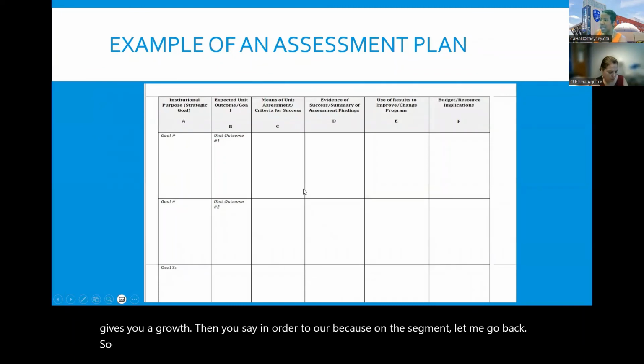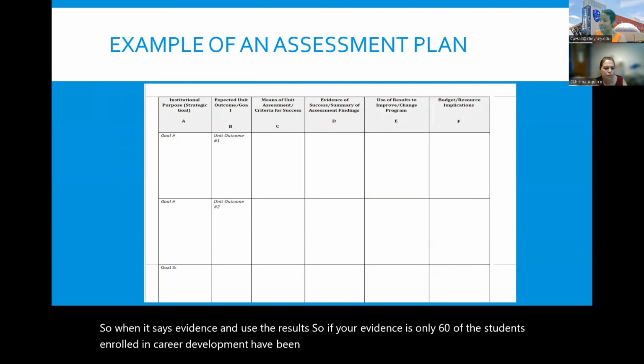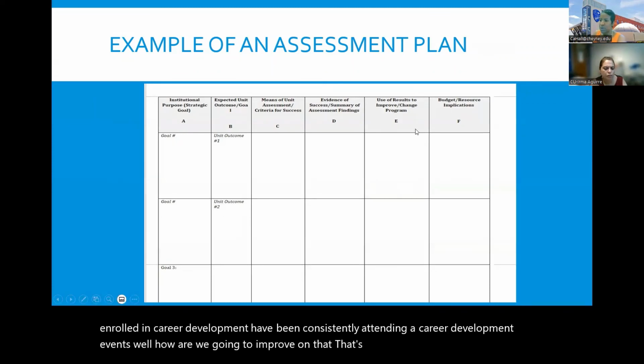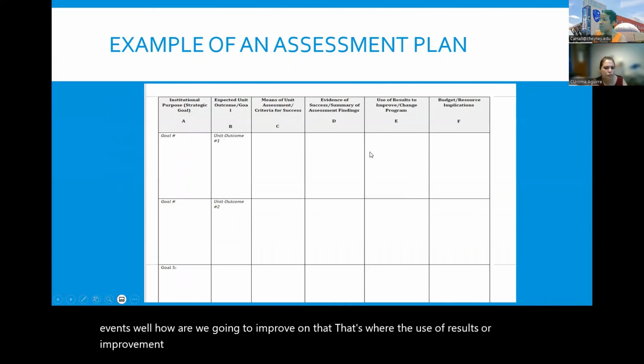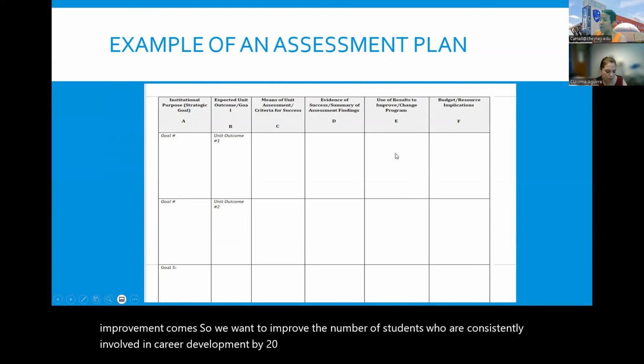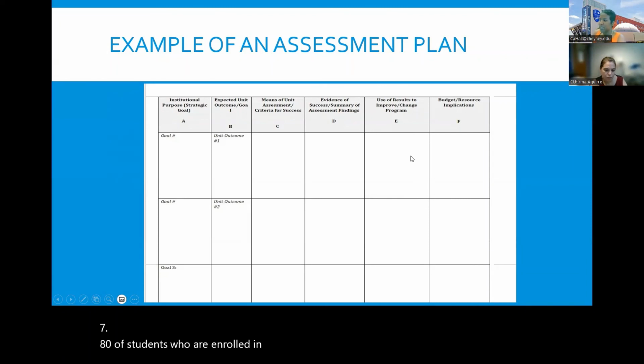So when it says evidence and use of results, if your evidence is only 60% of the students enrolled in career development have been consistently attending events, how are we going to improve on that? That's where the use of results or improvement comes in. So we want to improve the number of students who are consistently involved in career development by 20%. Thus, the number of students would be 80% of students who are enrolled in career development.